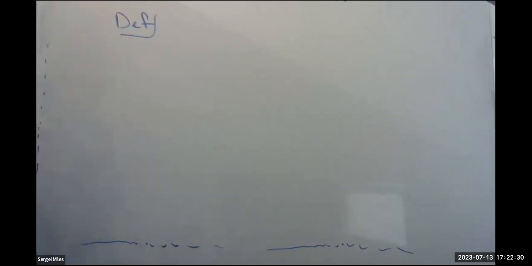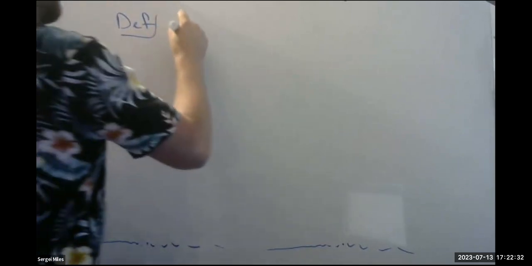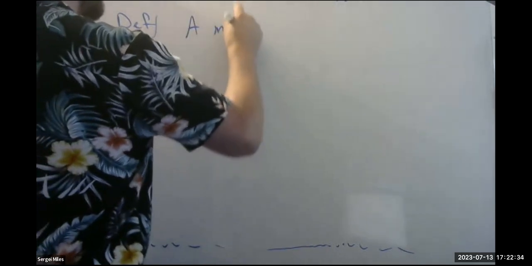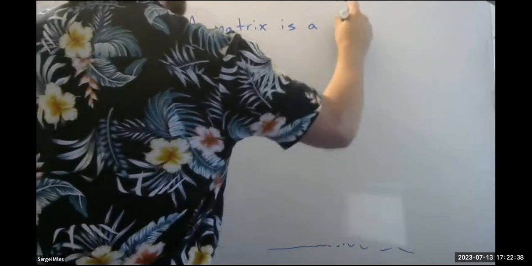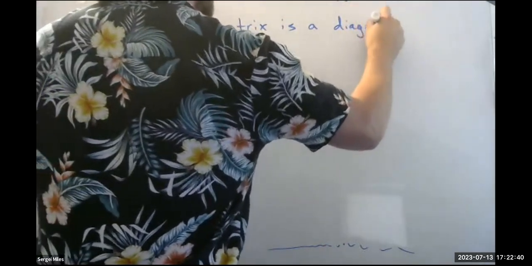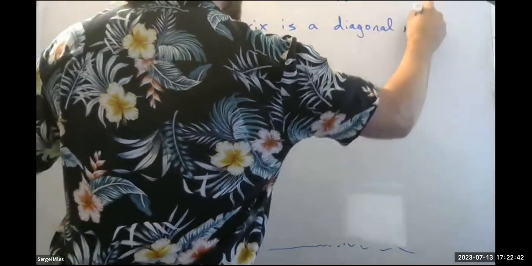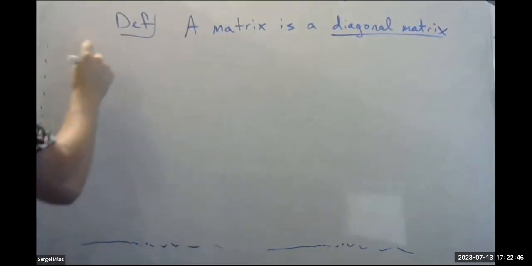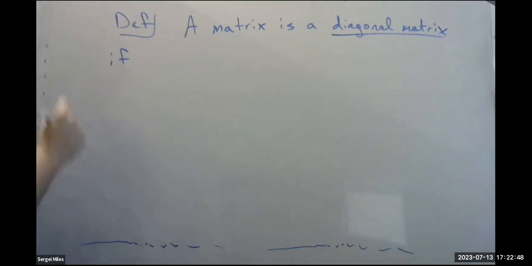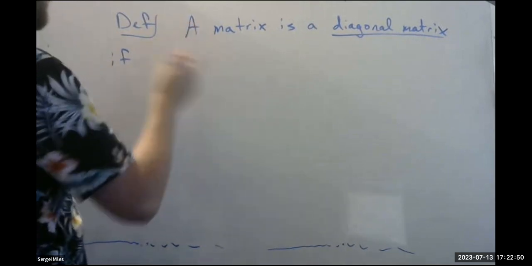Well, a matrix is a diagonal matrix if, first of all, it has to be square.